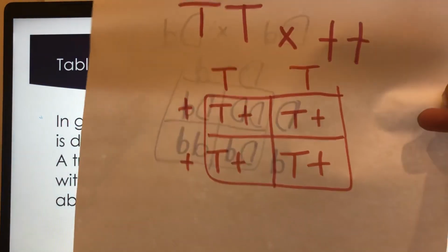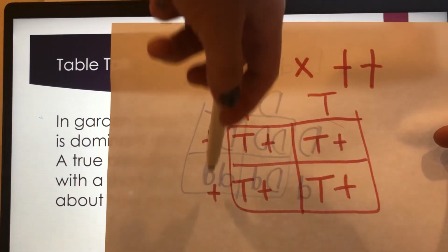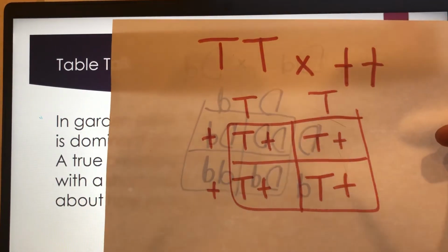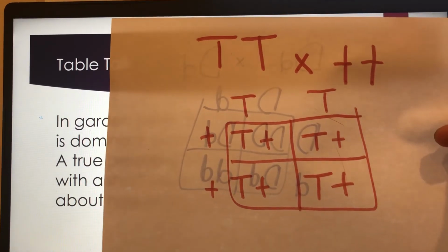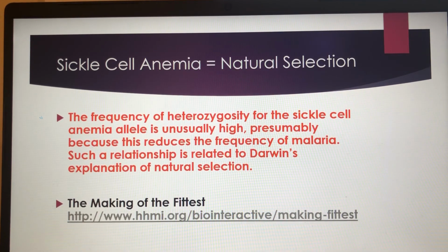You would get something like this, and what you would find is that all of the offspring are going to be tall, aren't they? Because that dominant capital T makes everybody tall. So out of 20, how many should be tall? 100%, or all 20. Okay? All right. So I am going to go ahead and pause, and I will come back and we'll talk about probability a little bit.